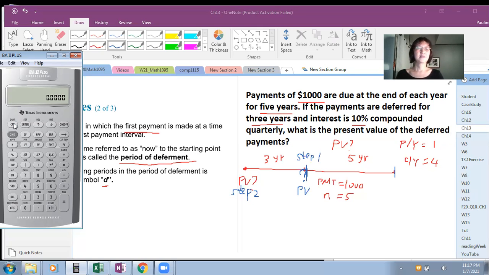Okay. And now 1,000 is PMT, negative PMT. 10 is interest, IY. 5 is term N. You enter the 3 numbers.